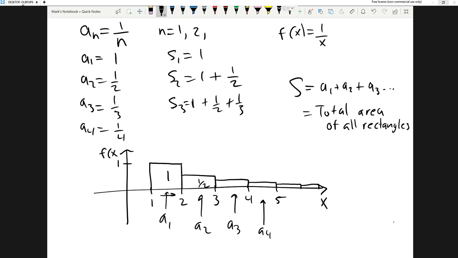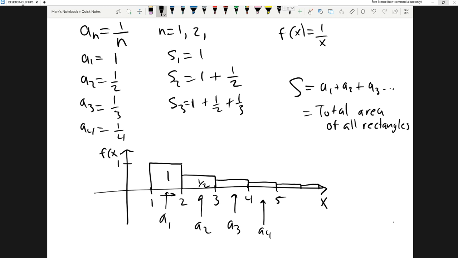Okay, so we can think about visualizing what an infinite series represents as the area under some curve, which is made up of the tops of all of these rectangles. And that's kind of convenient because we already know how to find areas under a curve.